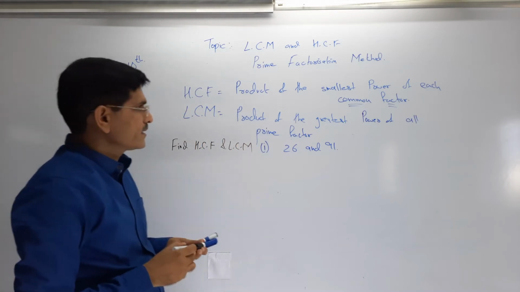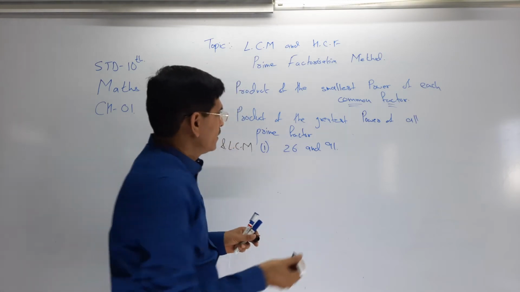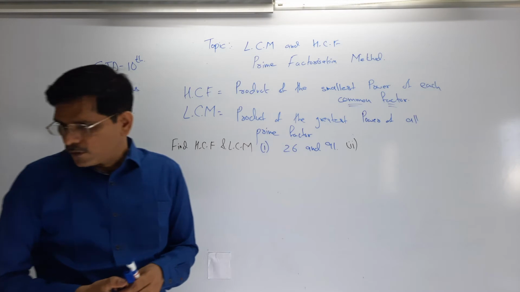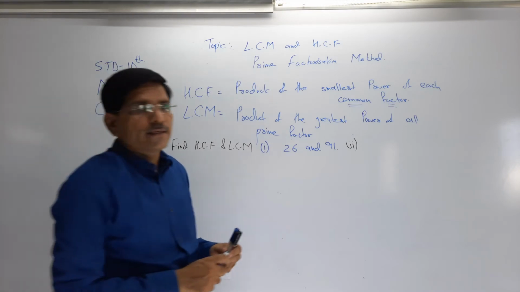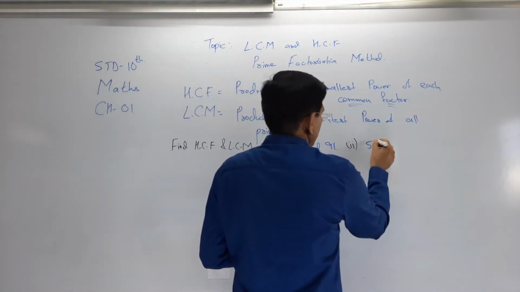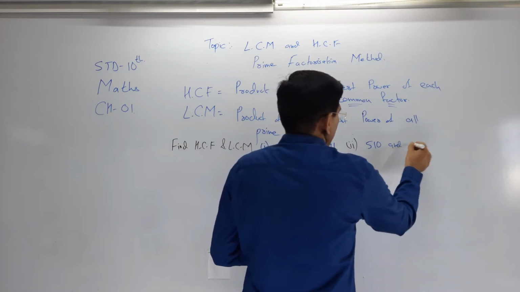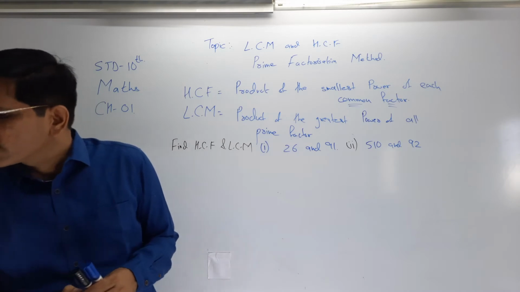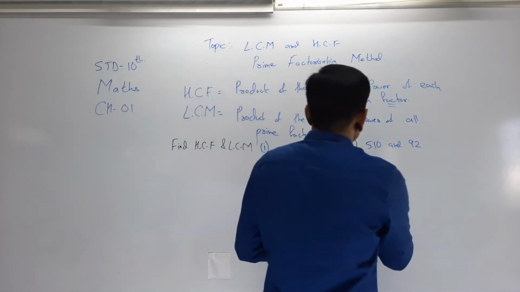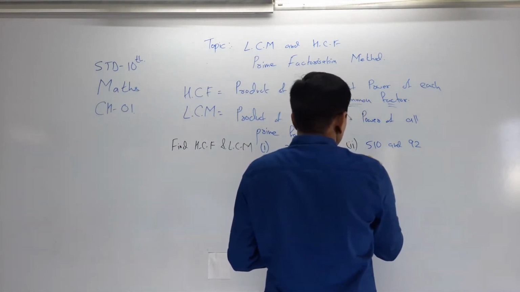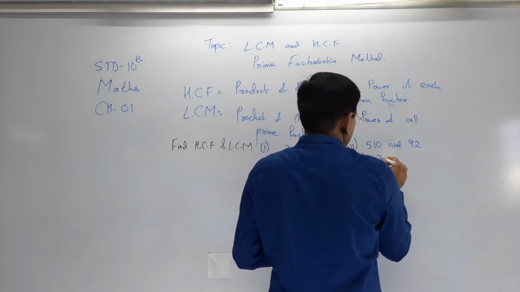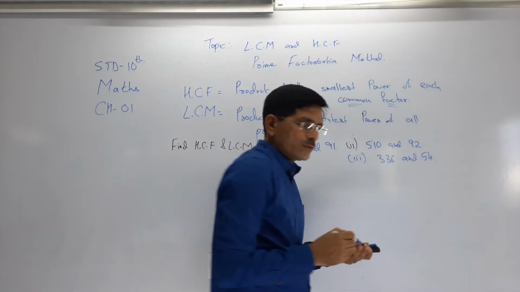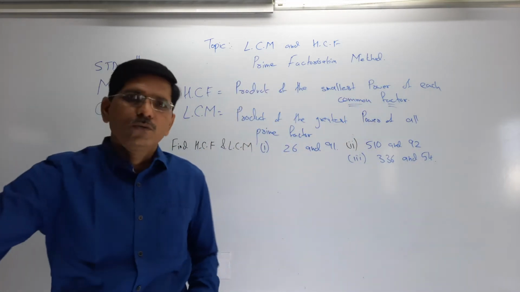Second, 510 and 92. And third, 336 and 54. So three sums we have to do now.